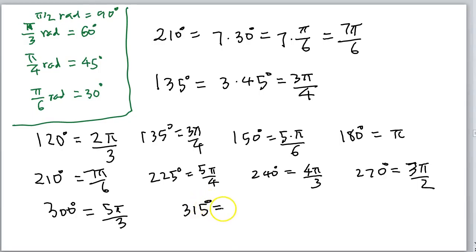315 degrees is 7 times 45. That's a little hard to think, but it is. You can check. 7 pi over 4. I guess I'm going a little fast here, but try to take some time to review these numbers. It's very, very important.